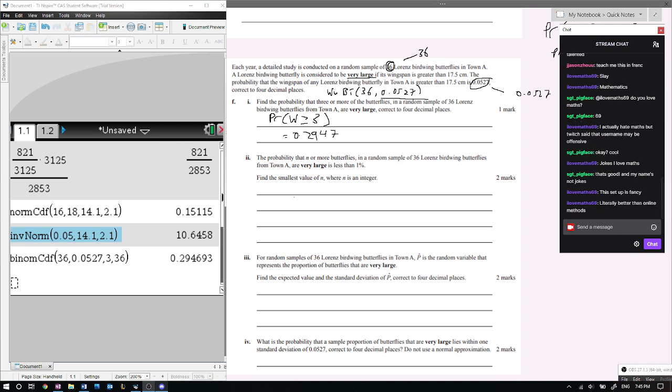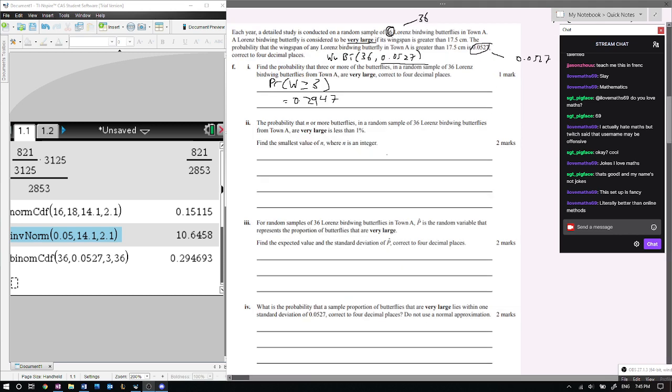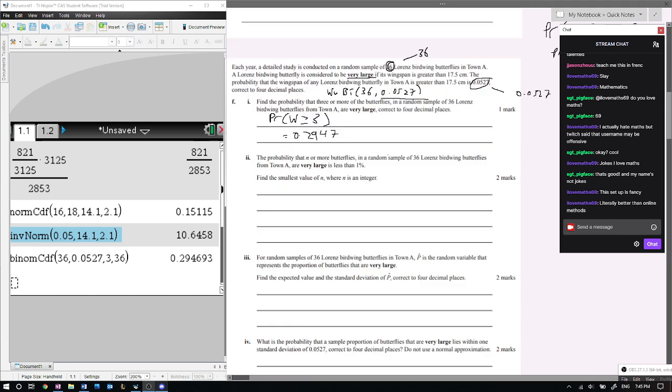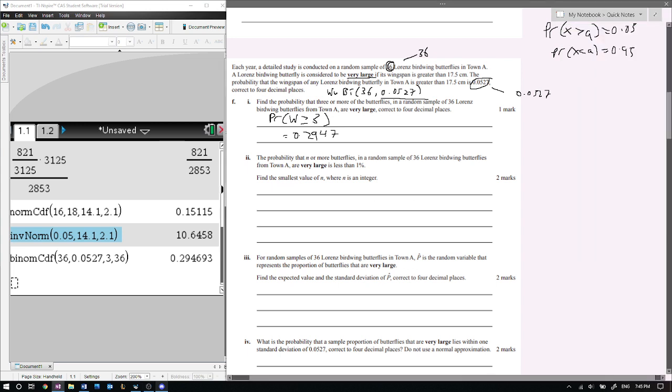When you're given a question with n, or when you find yourself faced with words like find the smallest value of n, find the smallest population size, you know that it's a question involving finding the sample size from a given probability. So setting this up, we're trying to find the probability that in a random sample of 36 Lorentz's birdwing butterflies, the number of them that are very large is less than 1%.